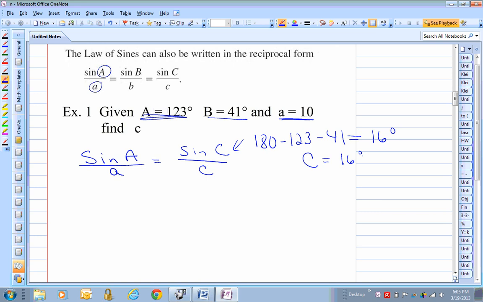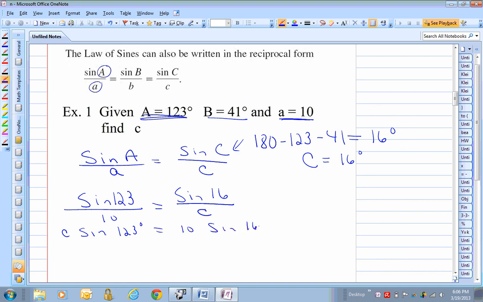So now we can plug in our information. Sine of 123 over side a, which is 10, equals sine of angle C, which is 16, over c, which is our missing side. Then we're just going to cross multiply and solve. So we would have c times sine 123 degrees equals 10 times sine 16 degrees.